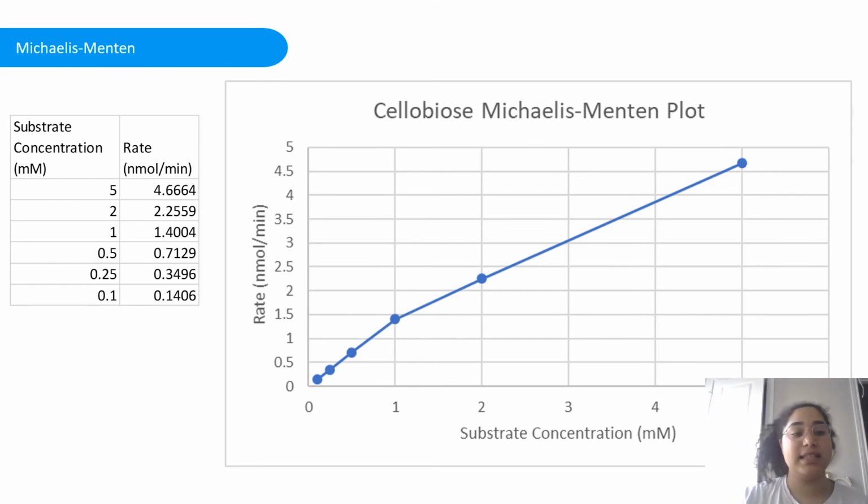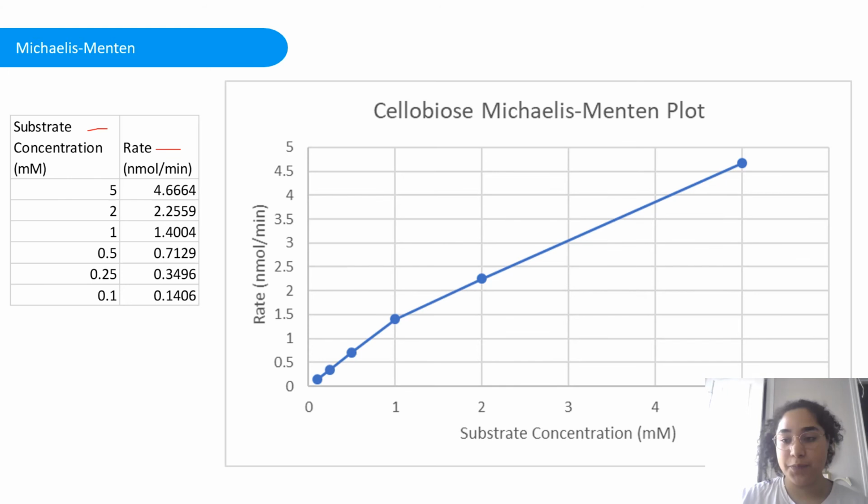So basically this is the substrate concentration, and this is the rate, and we put rate on the y-axis and substrate concentration on the x-axis. This is the Michaelis-Menten plot. As I said earlier in the slides, you can't find the Km and Vmax values directly.